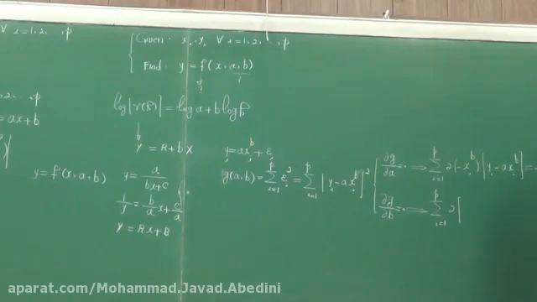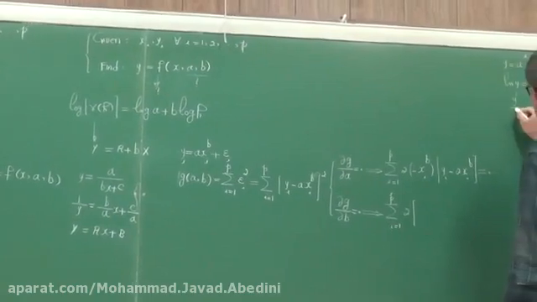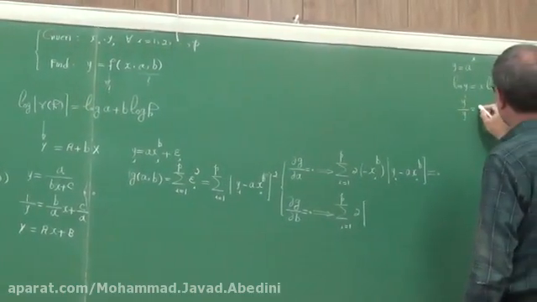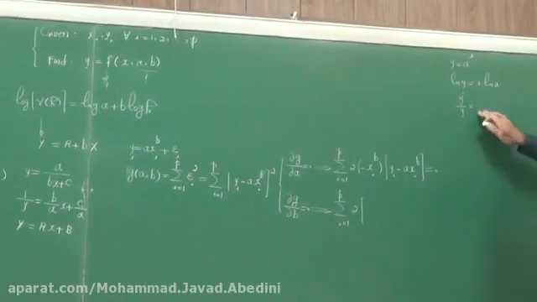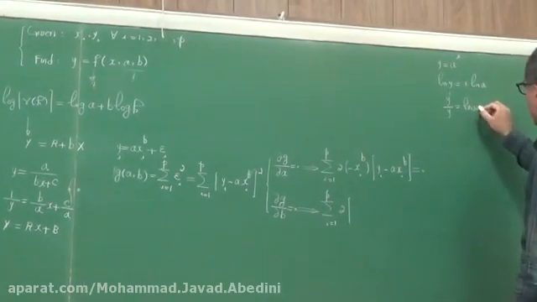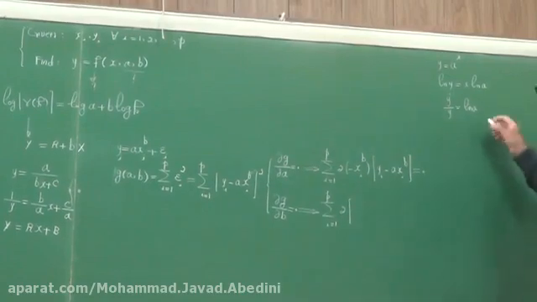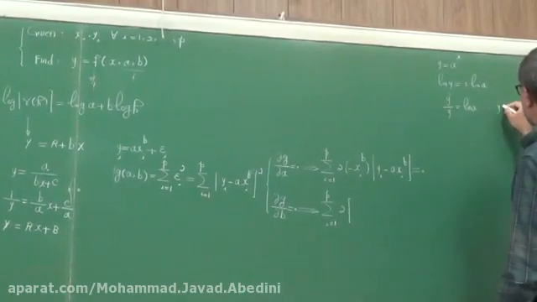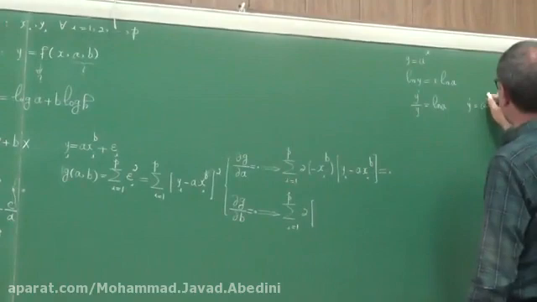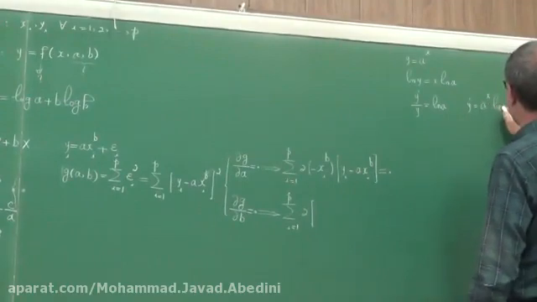You have to take the natural log of both sides, which will become x, and then take the derivative of both sides. The derivative of this will become y prime over y, and the derivative of this will become x, natural log of a. And then you were looking for y prime, therefore y prime is equal to a to the power of x times natural log of a.